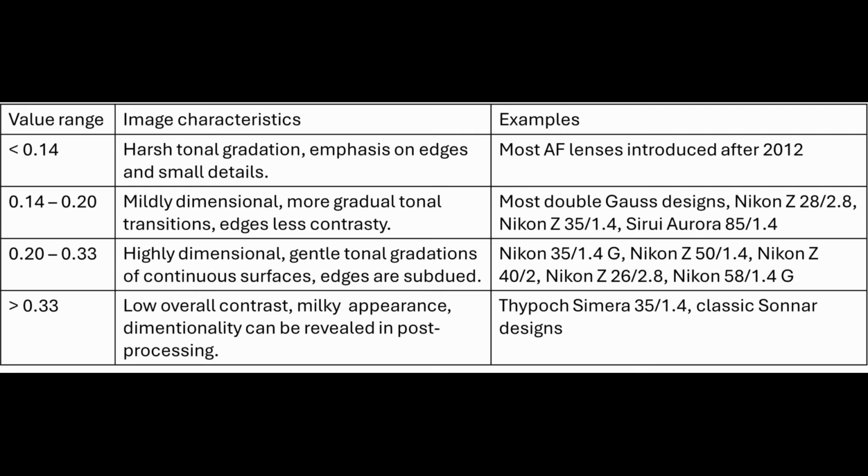Values lower than plus 0.14 would create a flat image that is defined by harsh tonal gradations, emphasis given to edges and small details at the expense of high frequency contrast.